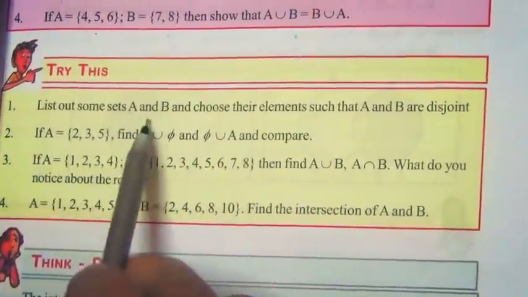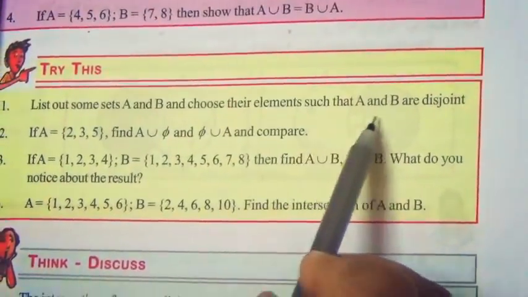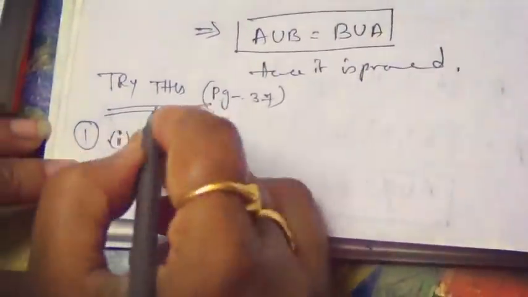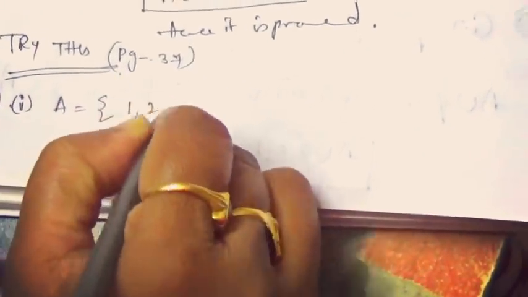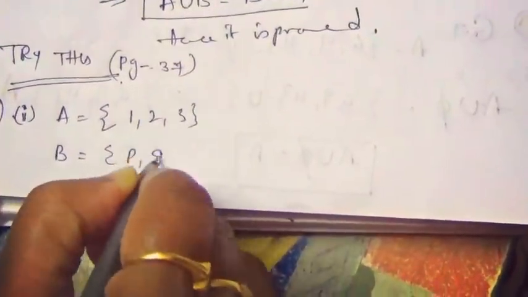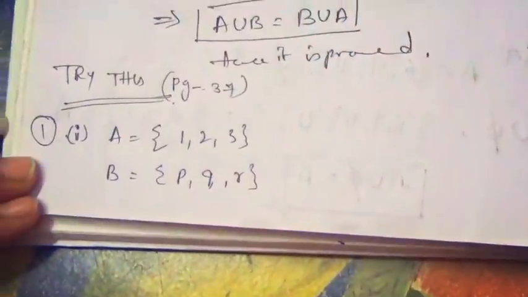List out some sets A and B. Choose their elements such that A and B are disjoint. Just one example I am giving here. A is equal to 1, 2, 3. B is equal to P, Q, R. Are any elements the same in both of the sets?